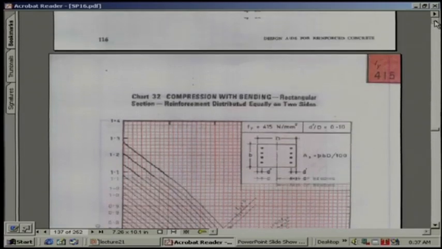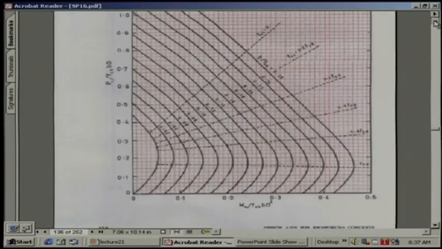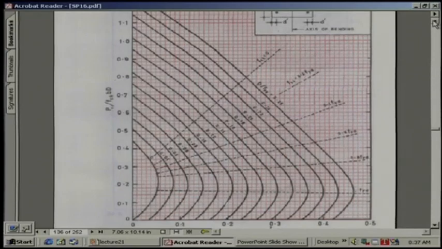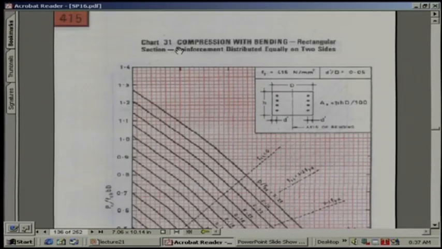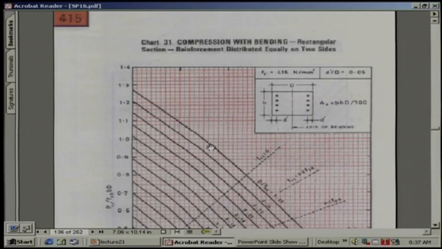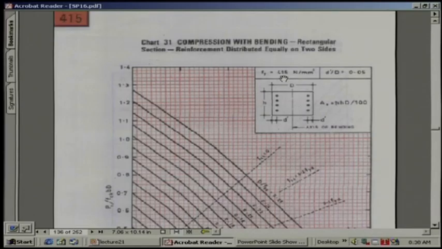This is called the interaction curve. There is one chart, and I shall show you how to make it also, that I shall tell you in a later class. This particular one is for Fy 415.